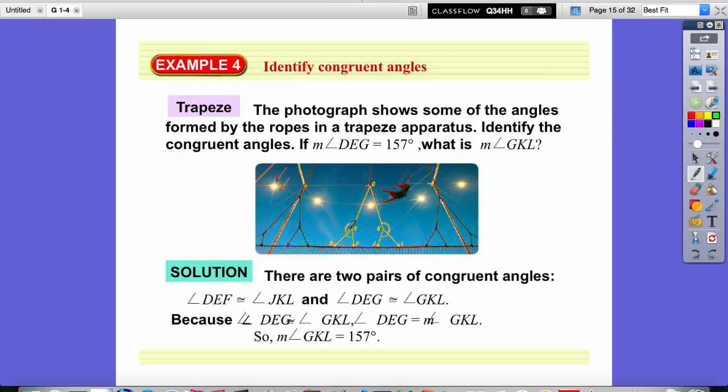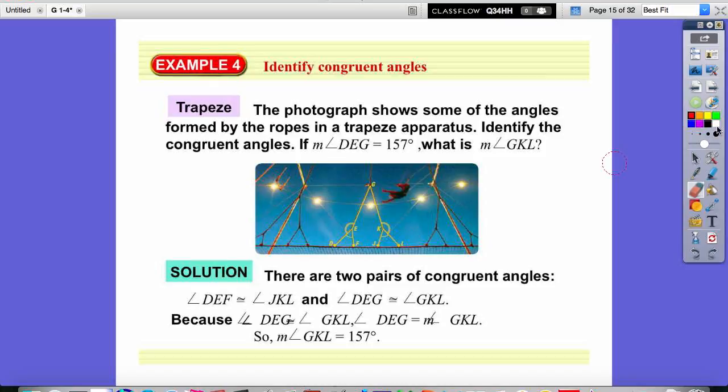So what they've done here is they have a mark like that. There's actually 2 of them. So that tells you that those 2 angles are congruent to each other. There's 1 angle mark here and here that tells me that DEF is congruent to JKL.